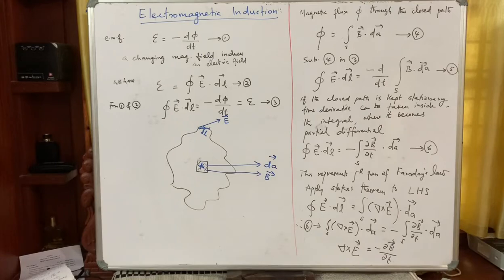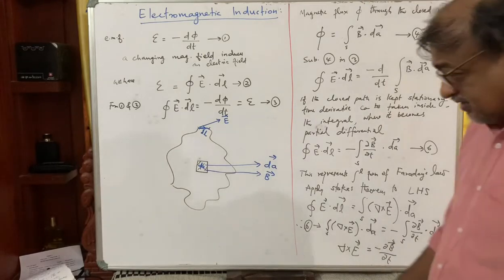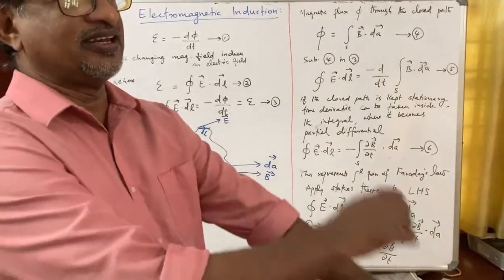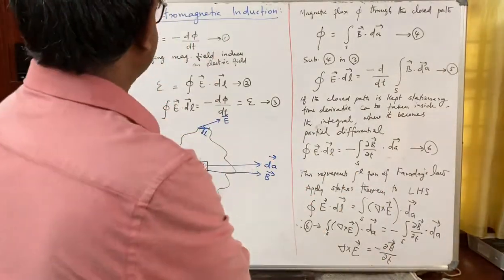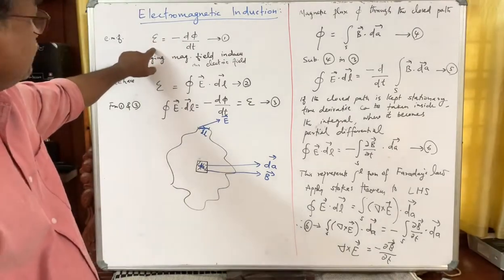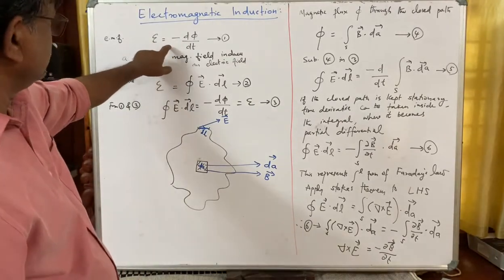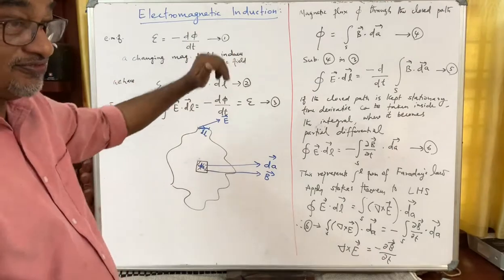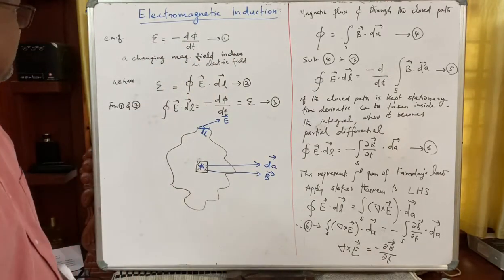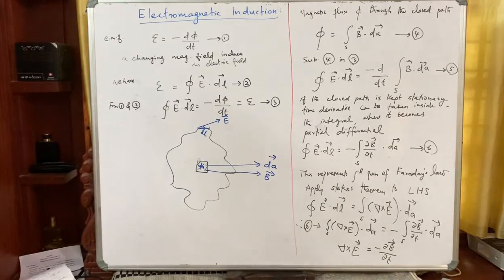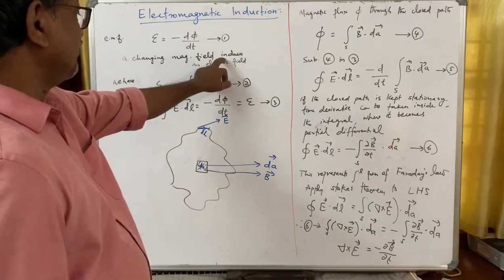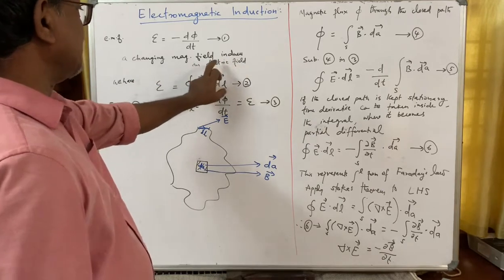So let us consider electromagnetic induction and Faraday's law. The famous law in electromagnetic induction is Faraday's law. Here we have studied that the EMF produced is the rate of change of phi. E is equal to minus d phi by dt. That is equation number 1. That is, a changing magnetic field induces an electric field.